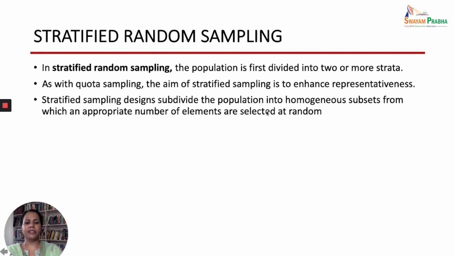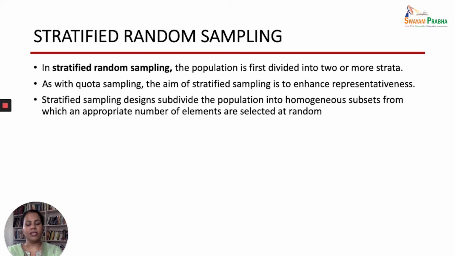Stratified sampling designs subdivide the population into homogeneous subsets from which an appropriate number of elements are selected at random. So here we divide the population into different groups, homogeneous subsets, and then out of these subsets we select the elements randomly.